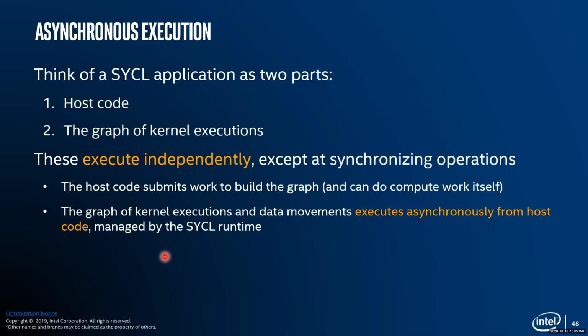The graph has a bunch of nodes, and a node is nothing but a particular action being performed, and the most common action is a data parallel device invocation. So the host code submits work to the device, and the kernel executions and the data movements execute asynchronously.